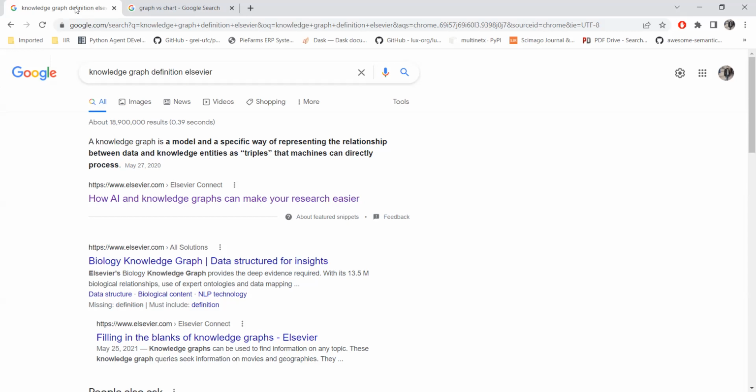So a knowledge graph is basically a model, and specifically we call it a graph model. What it does is it helps you to represent the relationship between the data and the knowledge entity. And the knowledge entity here is basically the physical entity of the world you want to represent, or build, or the problem you are trying to solve.